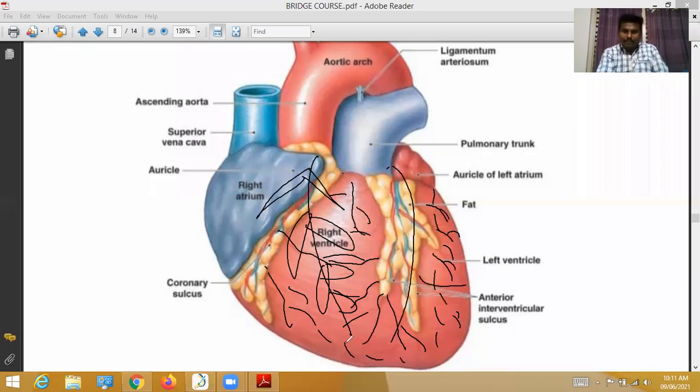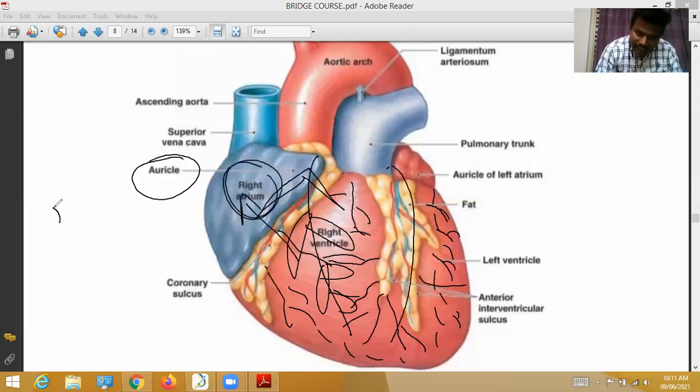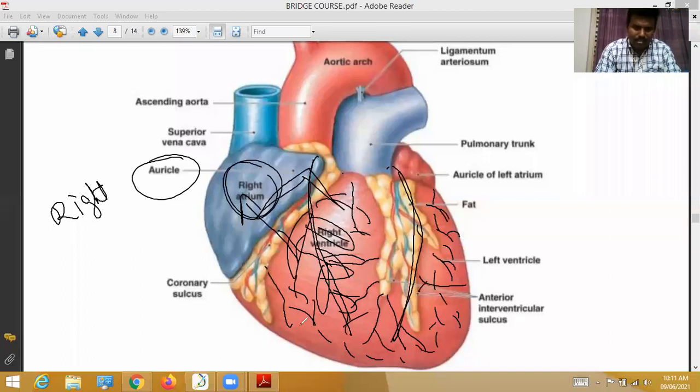These coronary veins bring deoxygenated blood, and they also open into the right auricle. From this pair, there are numerous branches.